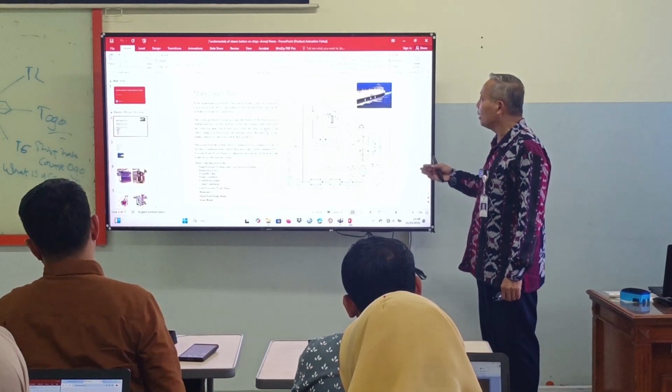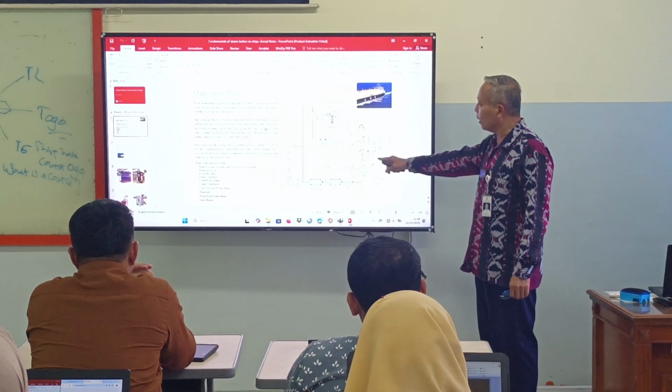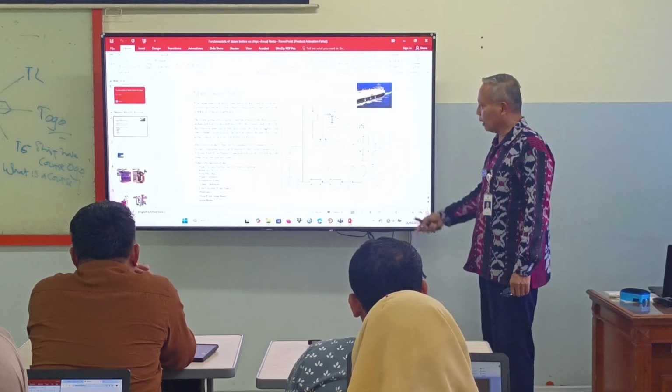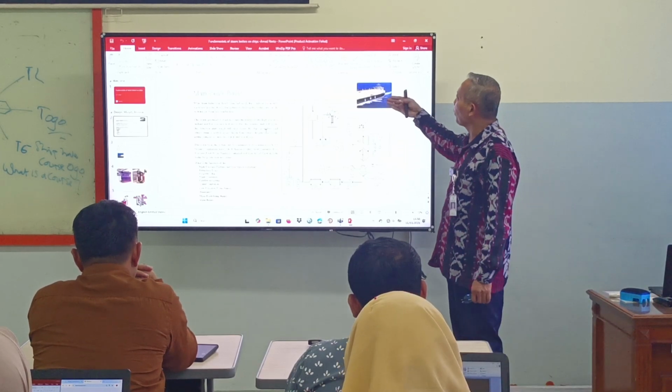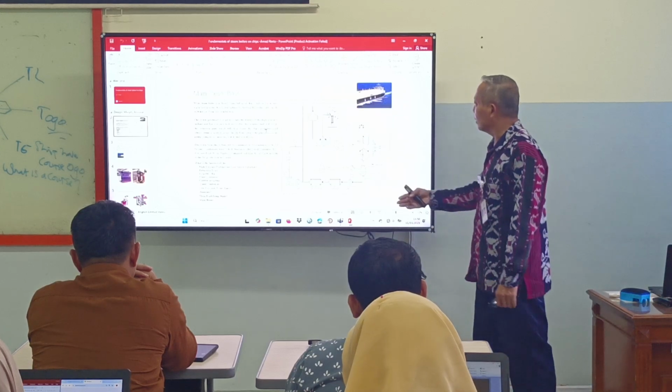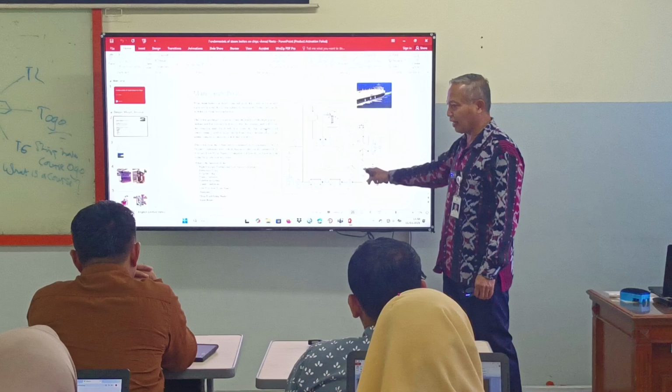The high pressure turbine and low pressure turbine turn the reduction gear.